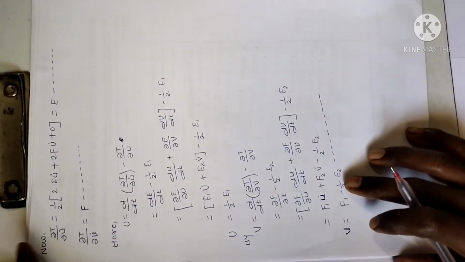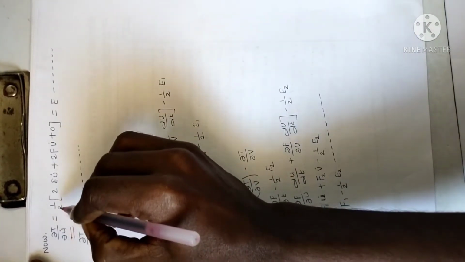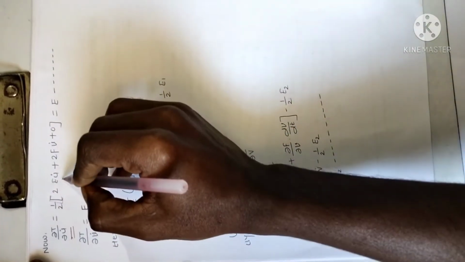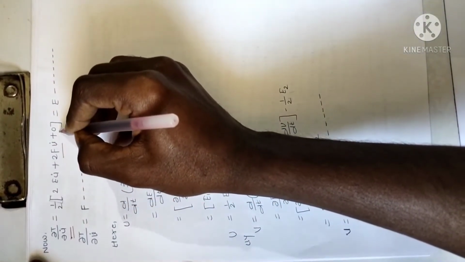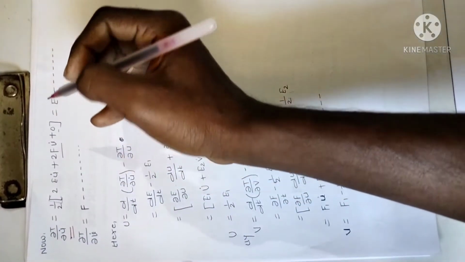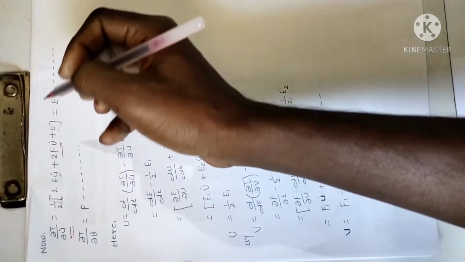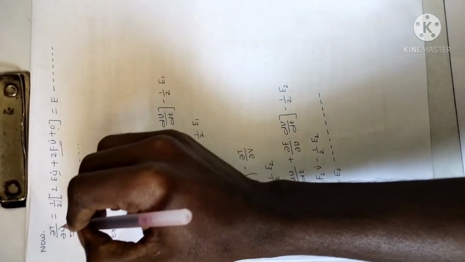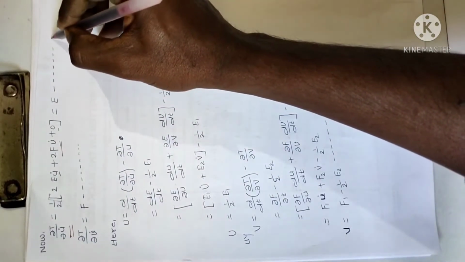Similarly, differentiating equation A partially with respect to u dot, ∂T/∂u̇ is equal to 1/2 in bracket, 2E u dot plus 2F v dot. Again substituting the values of u, v, u dot and v dot, ∂T/∂u̇ is equal to E, and this is equation 3.